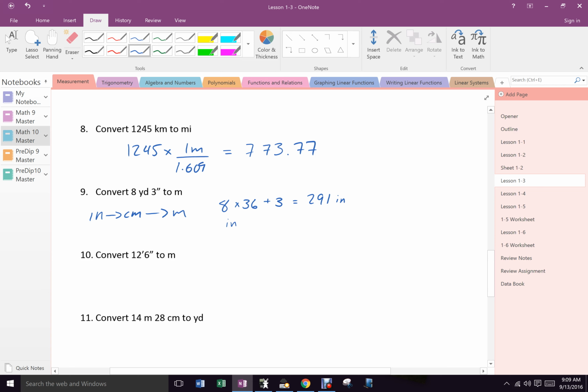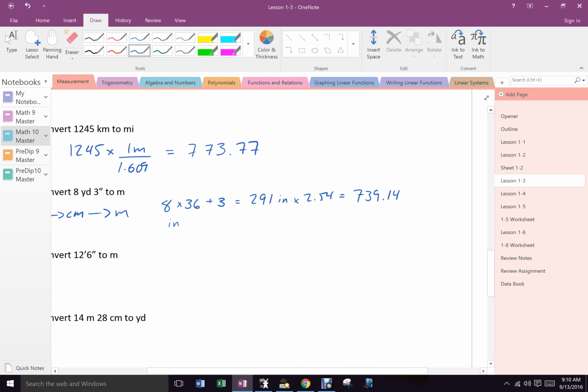I want centimeters, 2.54. 739.14. Now I want to go centimeters to meters. How many decimal place steps is that? 2, centimeter to meter. So move the decimal 2 spaces, 7.3914. Everybody cool?